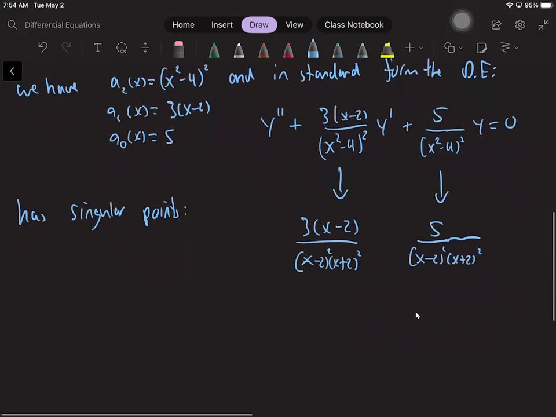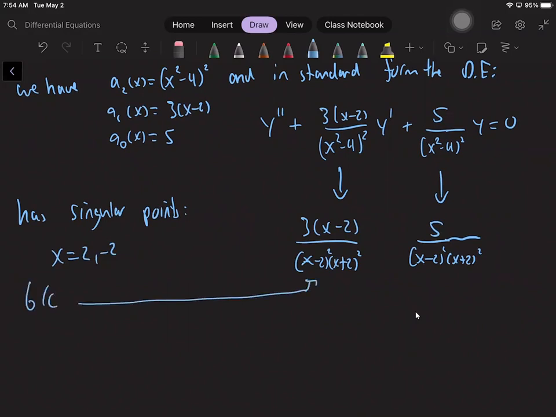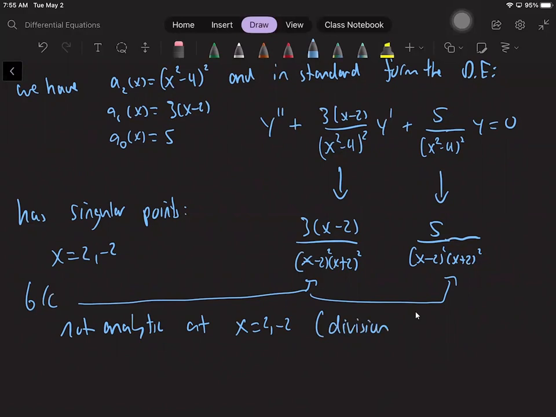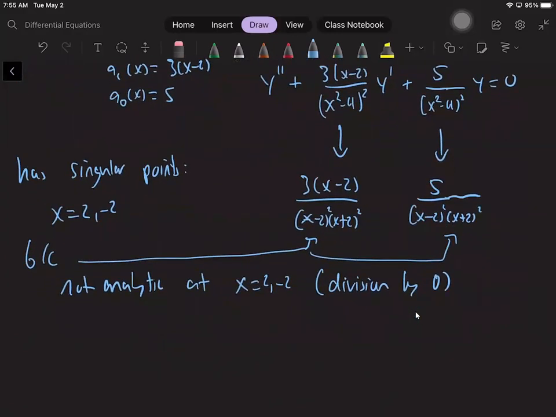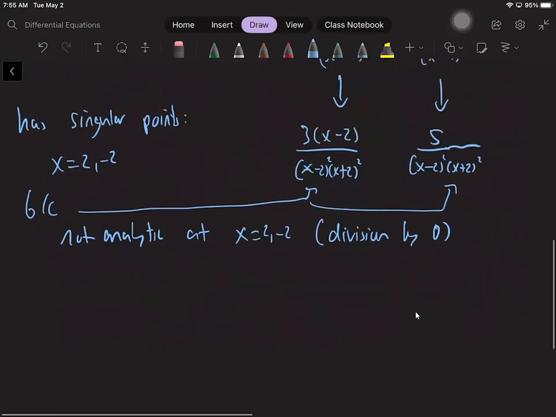It's when you divide by 0. Okay, so the singular points are x equals 2 and negative 2, because these things are not analytic at these numbers, because they cause division by 0, just as the quick way to think about it. So you're not going to have a power series representation there, but it's easier just to think about division by 0. So first of all, they're singular for that reason.